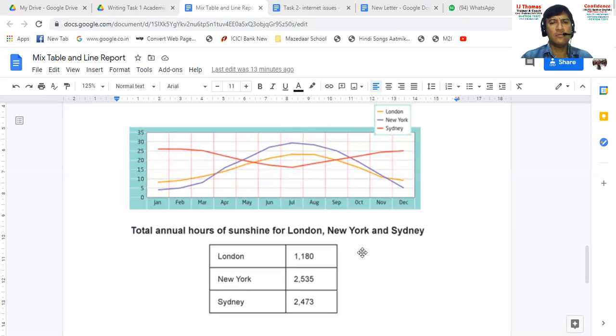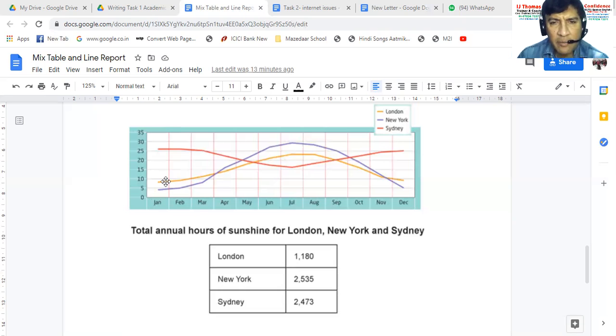Akshay, you have to learn to spot trends. Whenever you're spotting a trend, begin with what happens at the beginning. So, beginning in January.